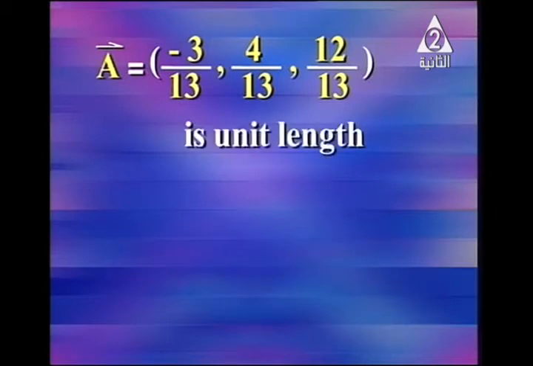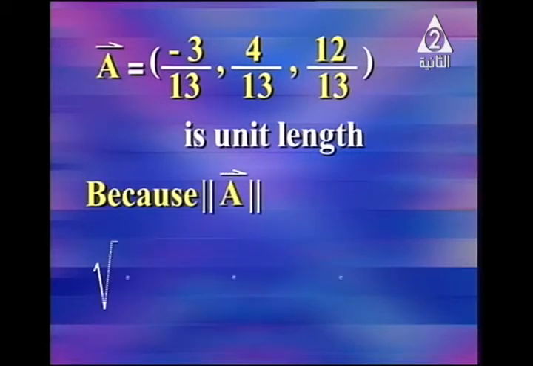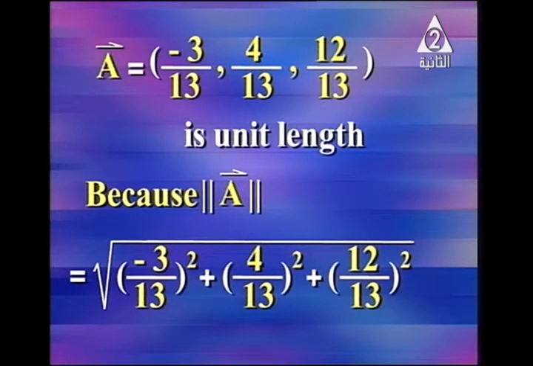Example. A vector (-3 over 13, 4 over 13, 12 over 13) is a unit vector. Why? Because when we find norm A using the square root of AX square plus AY square plus AZ square, look at negative 3 over 13 square plus 4 over 13 square plus 12 over 13 square.